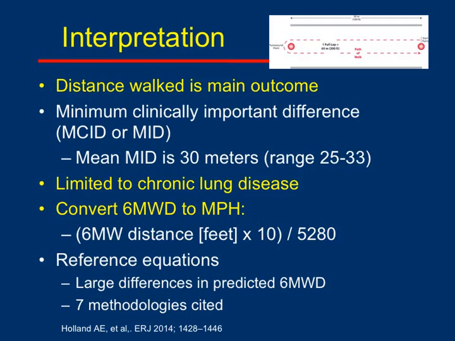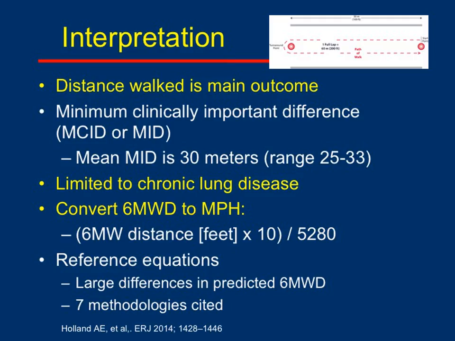So to convert it to miles per hour, the equation is here. It's 6-minute walk distance in feet times 10 divided by 5,280. Now, some labs, particularly pulmonary function labs, use a reference equation of what's the predicted 6-minute walk distance for a certain age or gender.